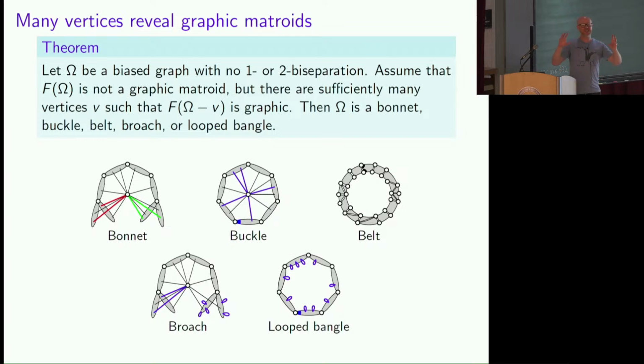So if the biased graph that I start from is not signed graphic, then I'll be able to apply the theorem in the first block, because I'll have many vertices which reveal something signed graphic. And then I know exactly what the structure is, so I can use the first block as a foundation. If it's not the case, then the omega in this theorem, the biased graph I start from, is already signed graphic, and that simplifies the analysis quite a lot. So the first block simplifies the analysis here considerably.